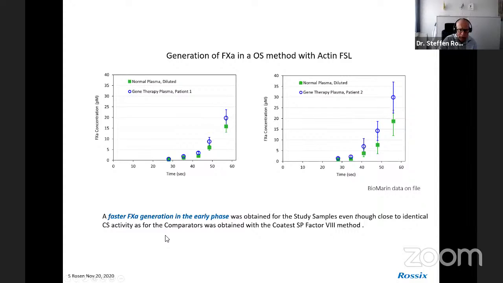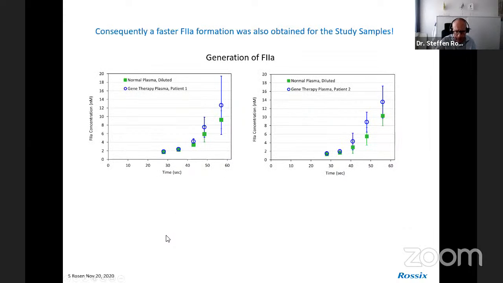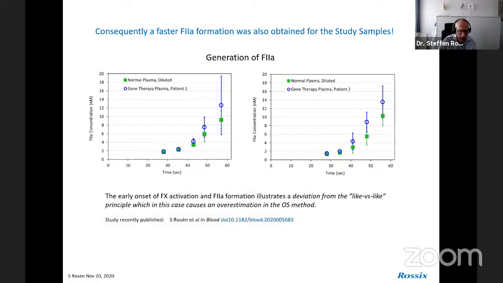And these results on early ten-ase generation were, of course, reflected also in early thrombin generation. So the early onset of 10A activation and thrombin formation illustrates a deviation from the like versus like principle, which in this case, due to the faster thrombin generation, causes an overestimation in the one-stage method.